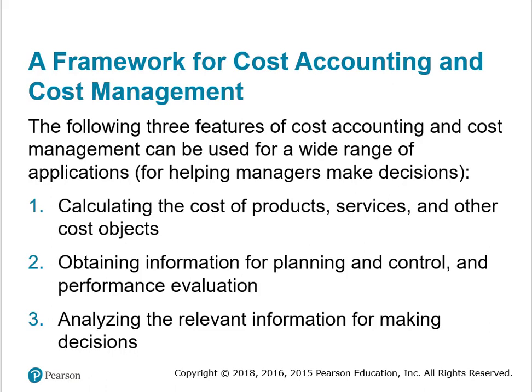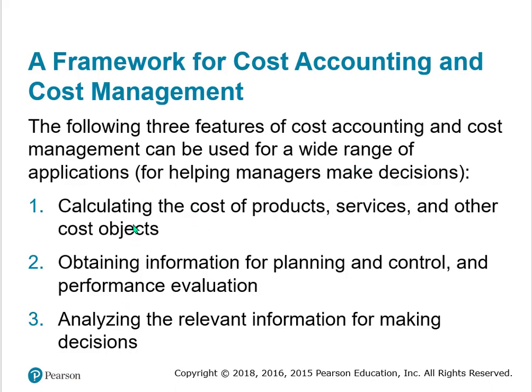Finally, we've got a framework here for cost accounting, and these ideas are developed further in chapters 3 through 11, and they also form the foundation for later chapters as well. These are the three features of cost accounting and cost management, which can be used for a wide range of applications for helping managers make decisions.